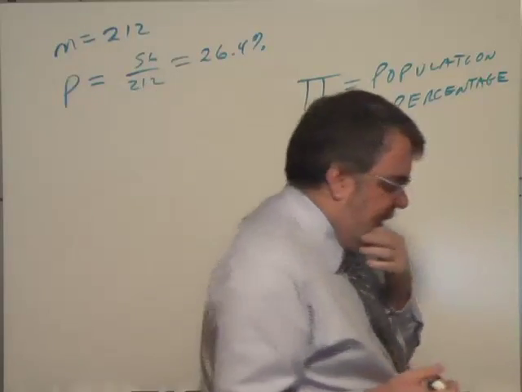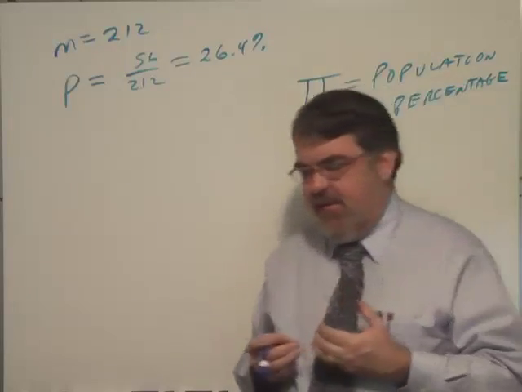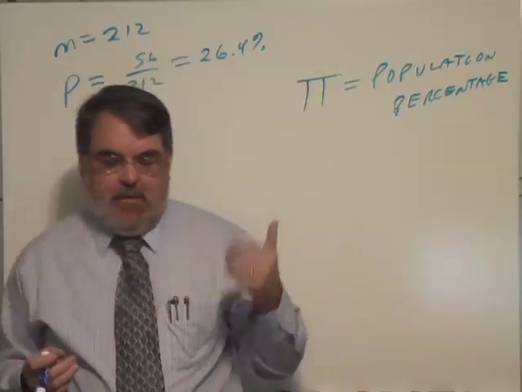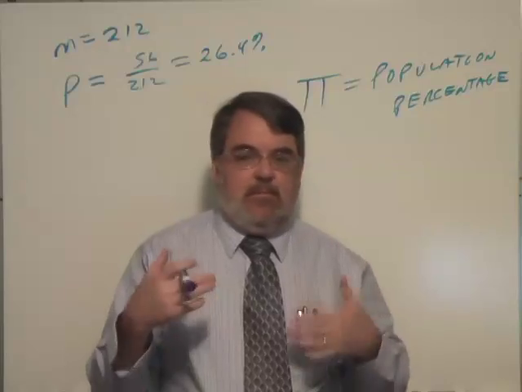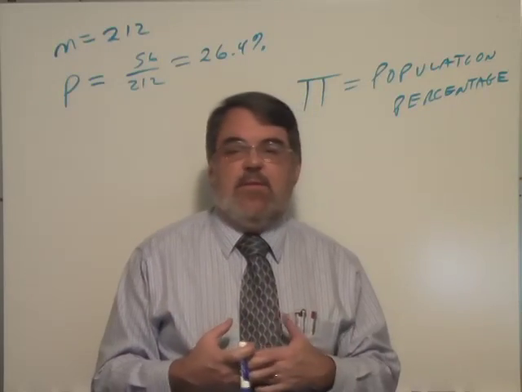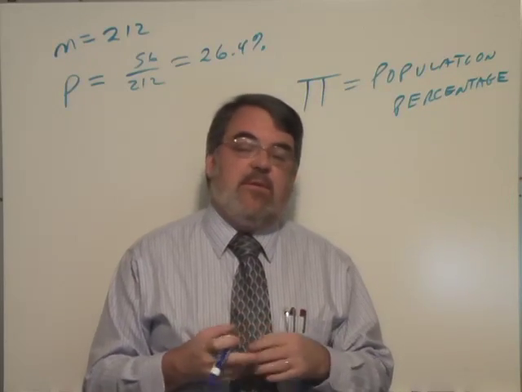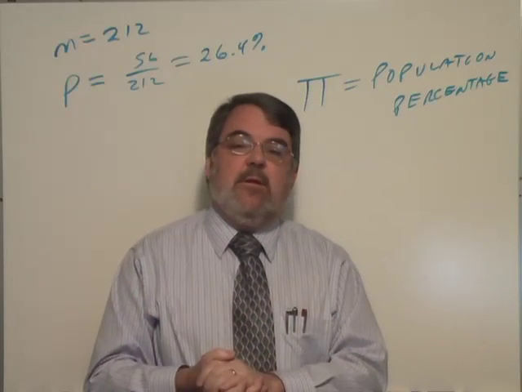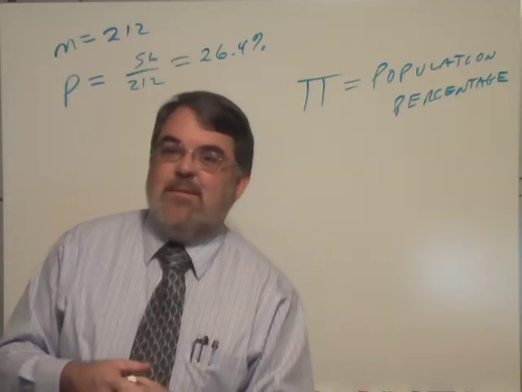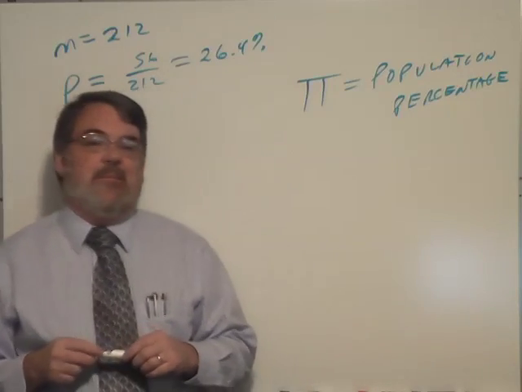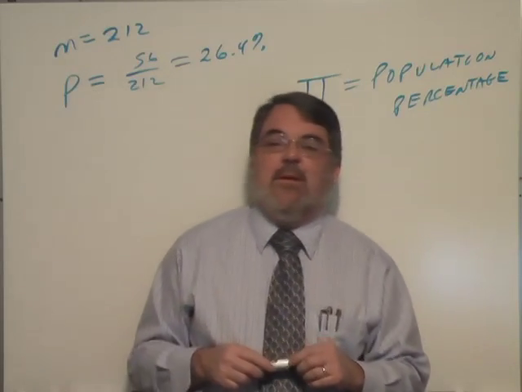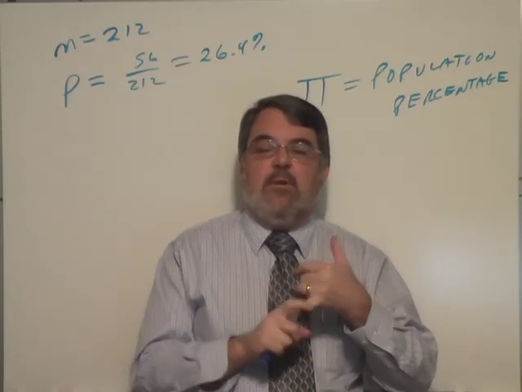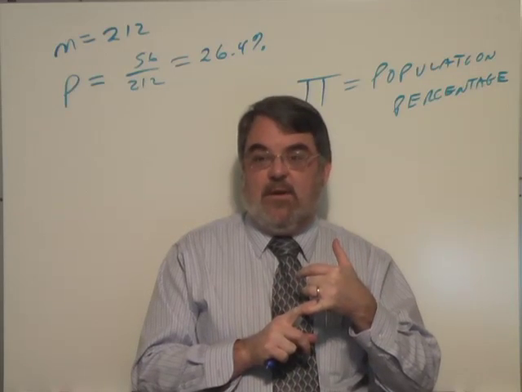Okay, well, it turns out because binary data has very well-defined statistics and probability to it, we can calculate the population standard deviation. Theoretically, we can. It turns out that we don't use the student's t-distribution in this case.